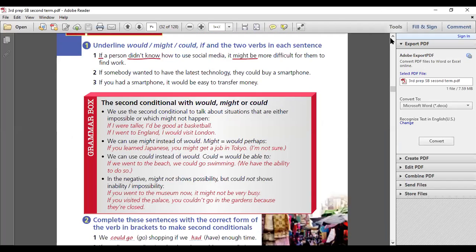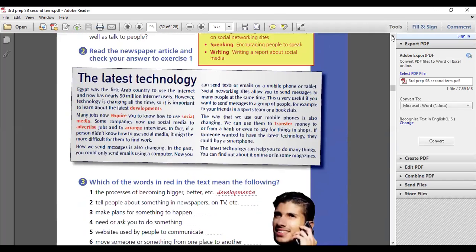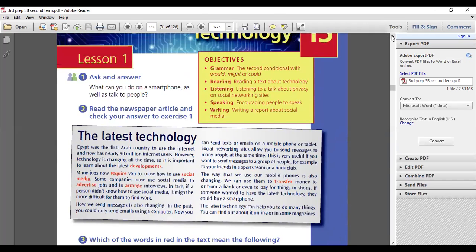The latest technology. Egypt was the first Arab country to use the internet, and now has nearly 50 million internet users. However, technology is changing all the time, so it's important to learn about the latest developments.